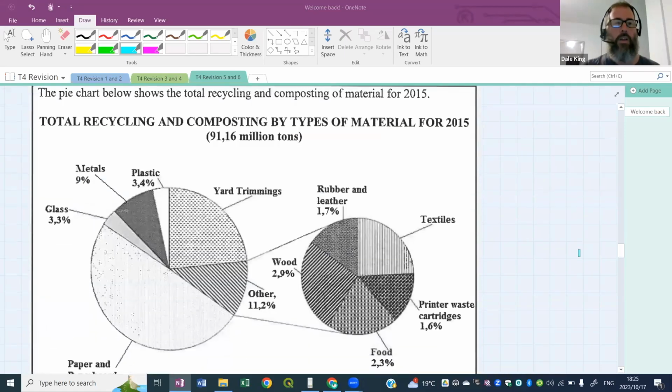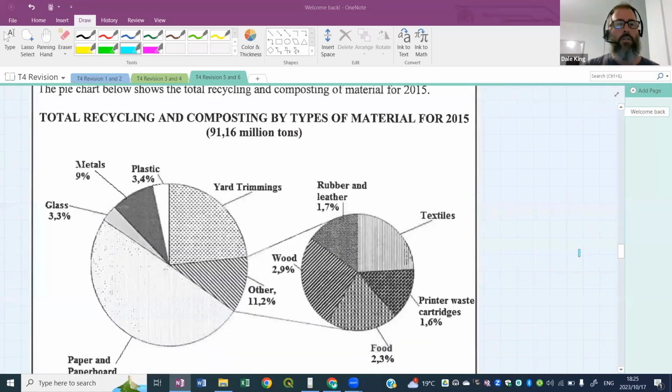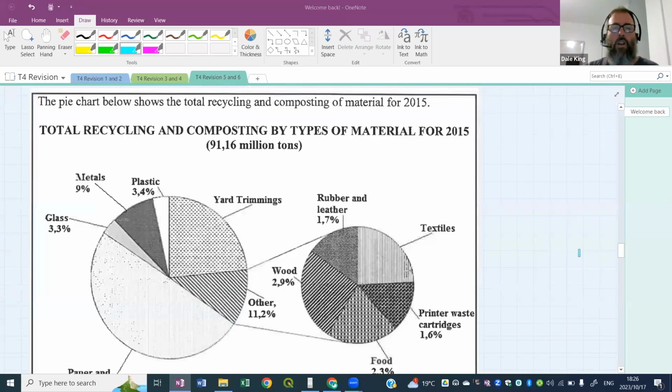Here we go. The pie chart below shows the total recycling and composting of material for 2015. So it says total recycling and composting by types of material for 2015. And here we have a value of 91,16 million tons.